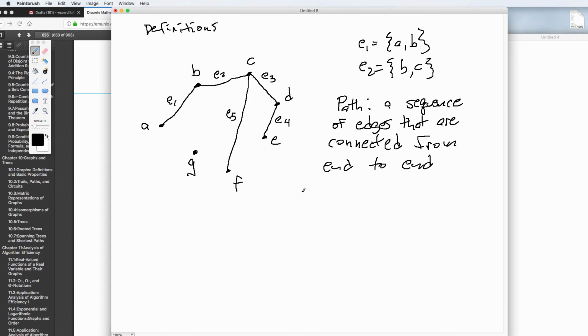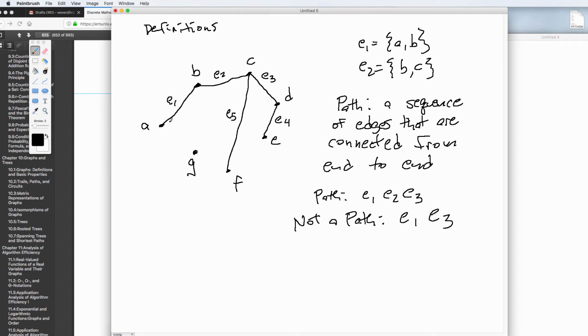But for example, over here, I want you to notice that we have a path. Here's a path, E1, E2, E3. Not a path: E1, E3, because these guys aren't connected head to tail.